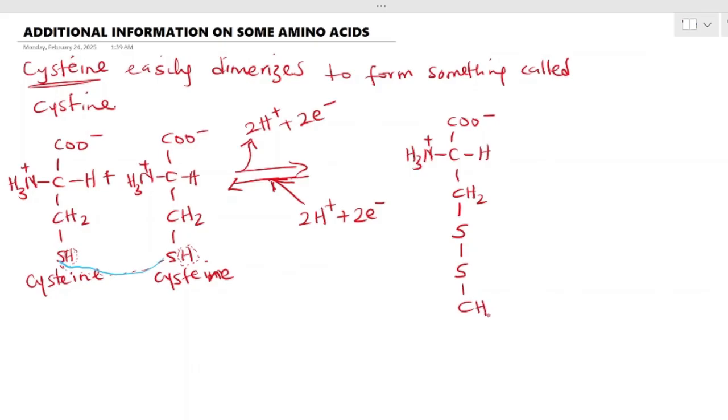So you have CH2, then you have your alpha carbon down here, which is bonded to an H and an NH3 plus. Then you have your COO minus.